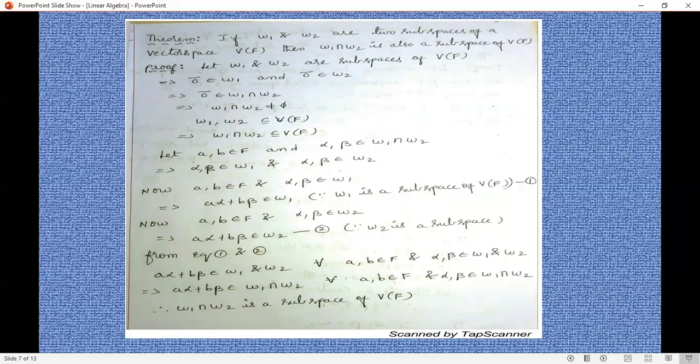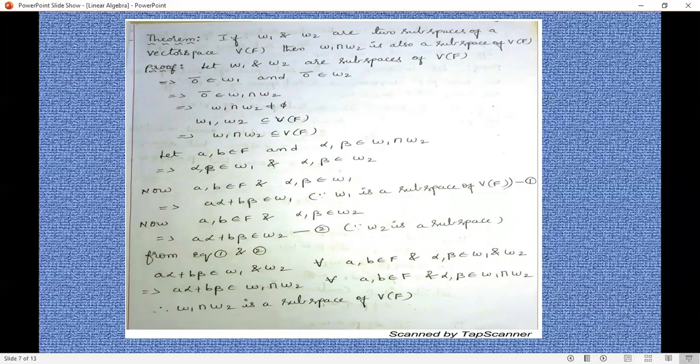That means 0 bar belongs to W1 and W2, that means 0 bar belongs to W1 intersection W2, which implies W1 intersection W2 is non-empty. Since W1, W2 are contained in V of F, W1 intersection W2 also is contained in V of F. What do we have to prove now? W1 intersection W2 is a subspace of V of F.